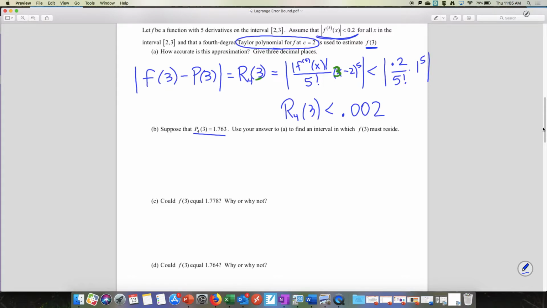So if I'm talking about the real f of 3, it would have to live in the interval 1.763 minus 0.002 and 1.763 plus 0.002.